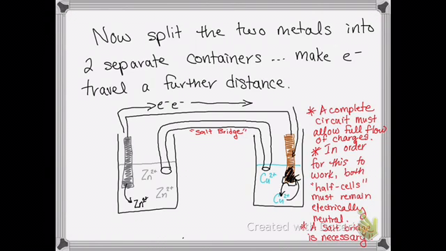But when this happens, you have to understand that we're technically going to have a buildup on both of these sides. We're going to have a buildup of zinc over here. We're going to have a buildup of positive over here. And then if you look over here, because we're changing this copper ion into copper metal, you're going to have an abundance of positive charge in the solution on the left side.